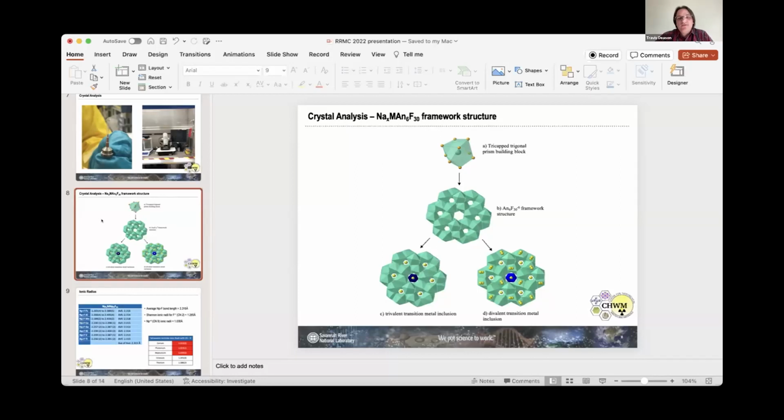That has been done and reported with uranium and thorium, and we are looking at doing that with neptunium and plutonium as well. So it does change the structure. It's the same building block. It ends up still being a 9 coordinated actinide material, but it does give a different structure.